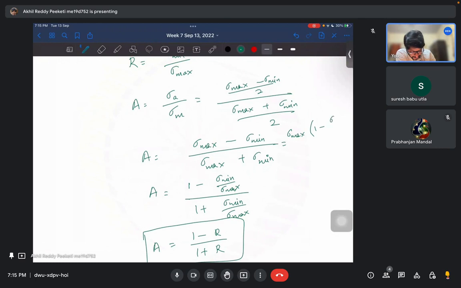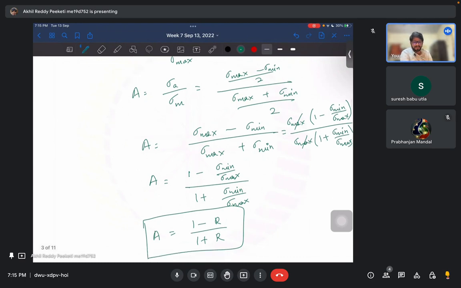So this would be 1 minus sigma min by sigma max, right? Similarly in the denominator. Now sigma max gets cancelled and this is what you will be left with, 1 minus sigma min by sigma max by 1 plus sigma min by sigma max. And sigma min by sigma max is R, so A is 1 minus R by 1 plus R.